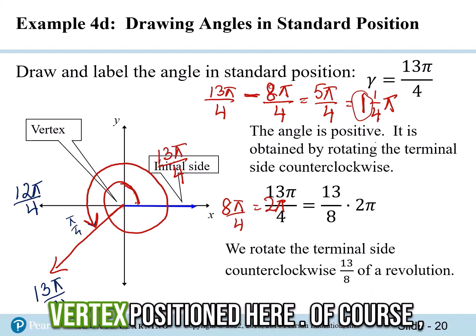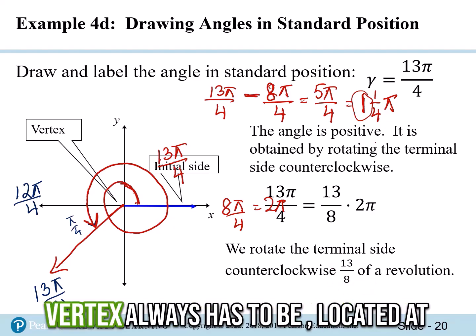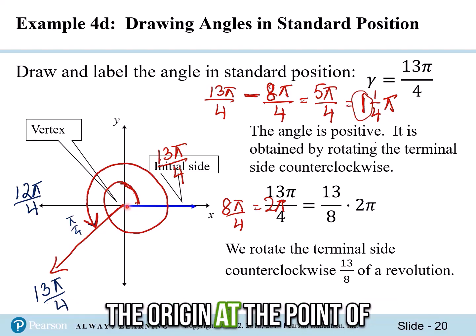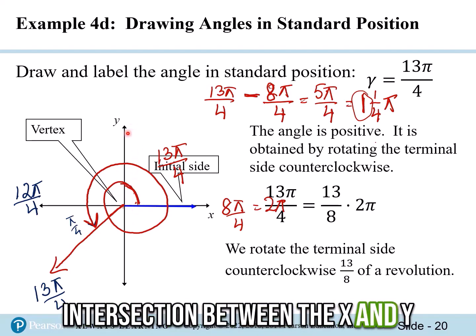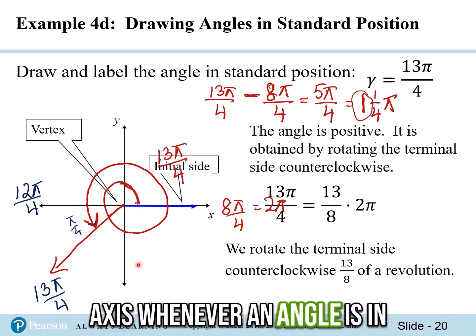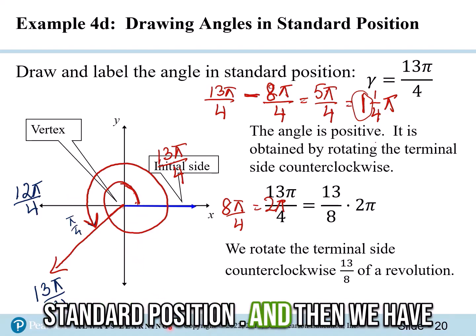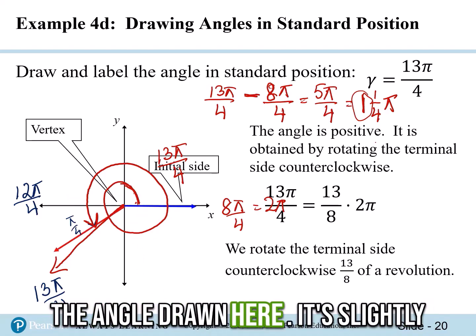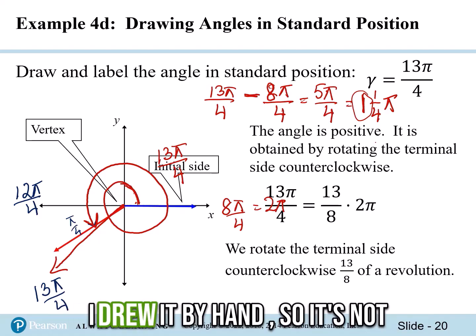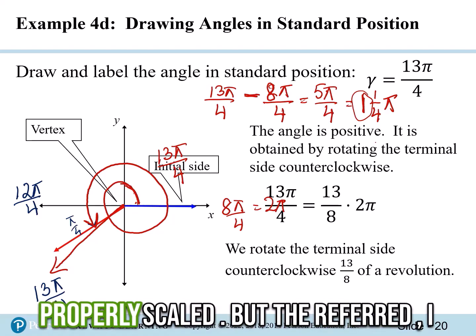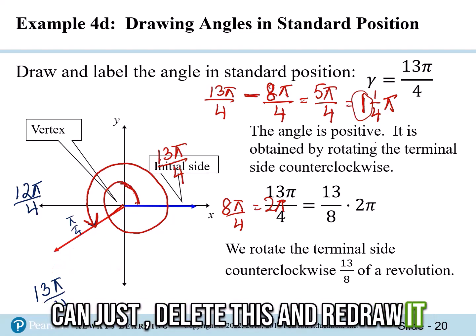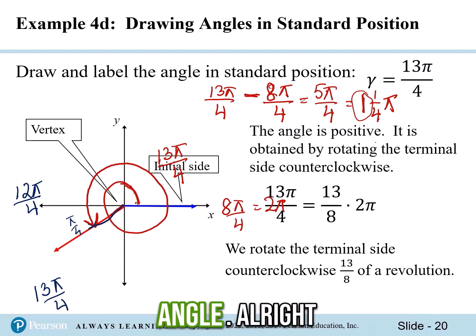We get the vertex positioned here. Of course, the vertex always has to be located at the origin, at the point of intersection between the x and y axis whenever an angle is in standard position, and then we have the angle drawn here. It's slightly off because I drew it by hand, so it's not properly scaled. I can redraw it over here. So this is our angle.